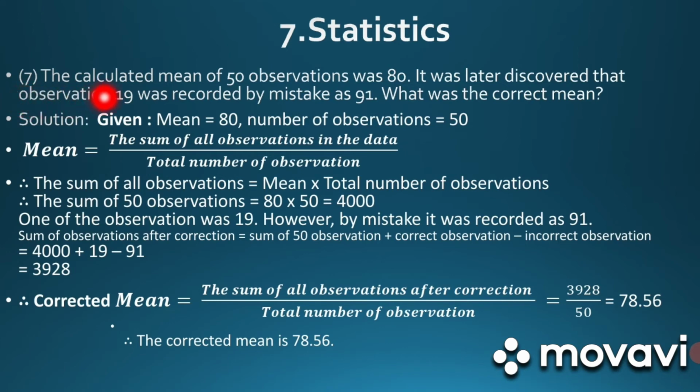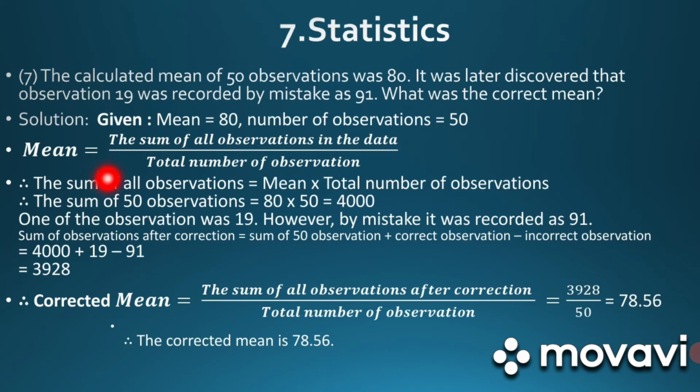Question 7. The calculated mean of 50 observations was 80. It was later discovered that observation 19 was recorded by mistake as 91. What was the correct mean? Solution: given mean is equal to 80 and the number of observations is equal to 50.